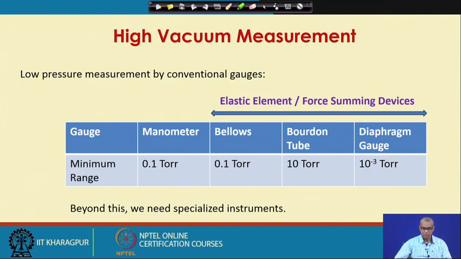Similarly, minimum range for bellows will again be about 0.1 torr, Bourdon tube may be up to 10 torr and diaphragm gauge can go further down up to 10 to the power minus 3 torr. But beyond this, we need specialized instruments. So, the purpose of this week is to know about such specialized instruments.